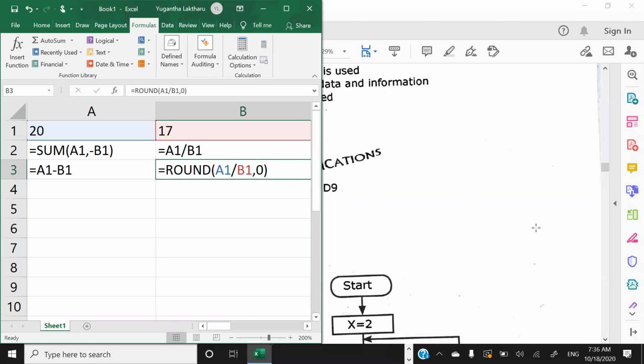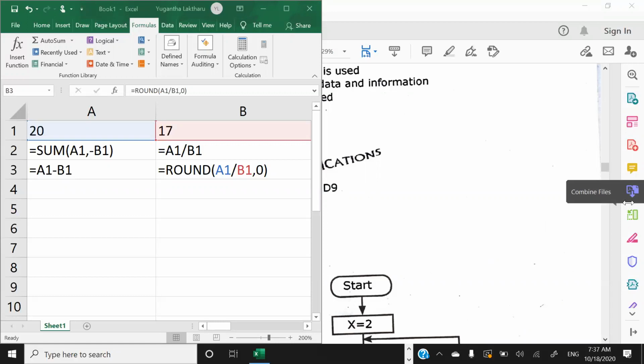I'm not clear about the new student's name. She has only kept HI. Oh, okay. Maybe her Zoom is new, so the response is late. Never mind, I'll contact you after the class. Right, okay.